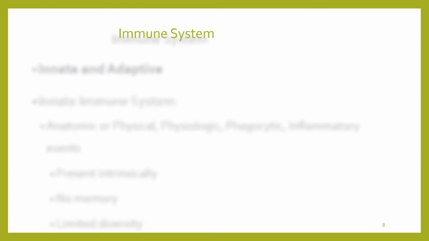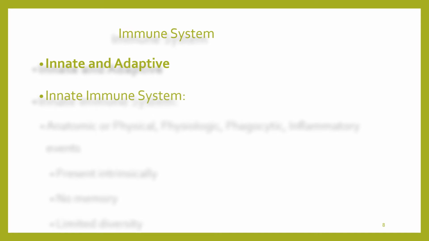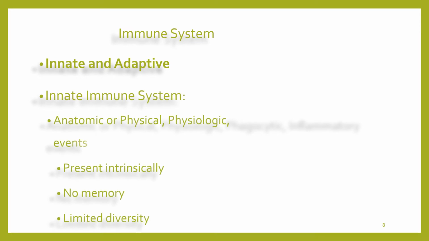Now let's talk about the two arms of your immune system: your innate and adaptive. Let's talk about your innate immune system. Innate means we are born with it.